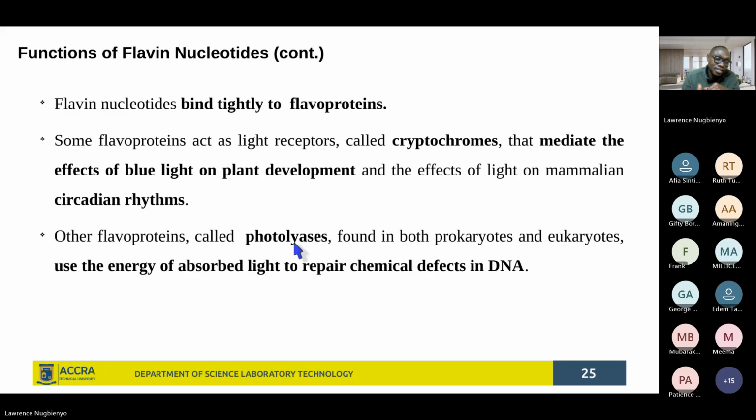Involved in either the removal of some groups to form double bonds or addition of groups to remove double bonds. And these types of reactions you find in some photolytic processes of DNA repair in organisms. So you have these flavin nucleotides acting in such processes.